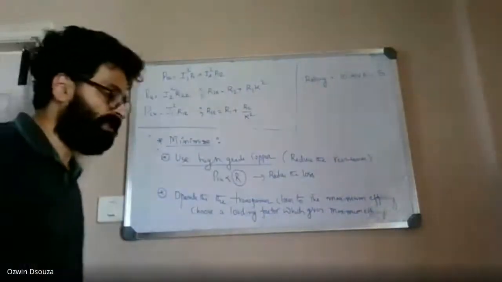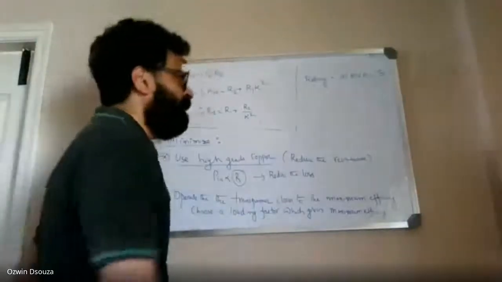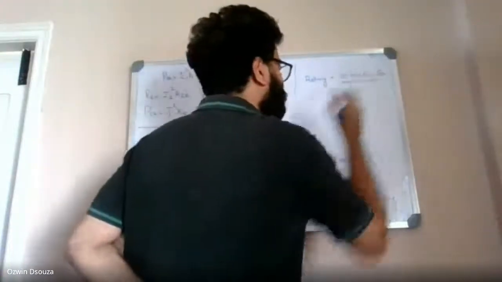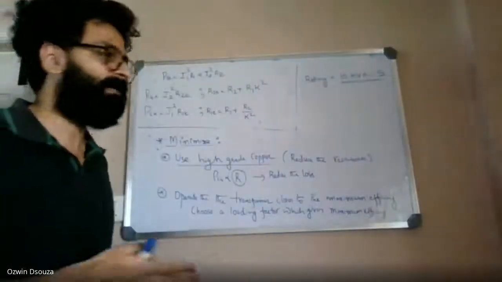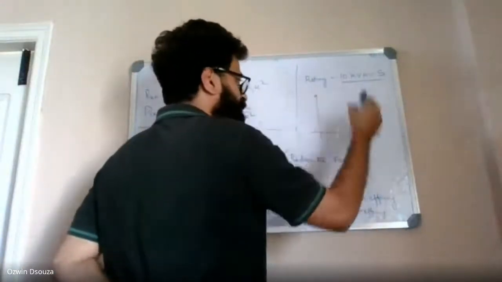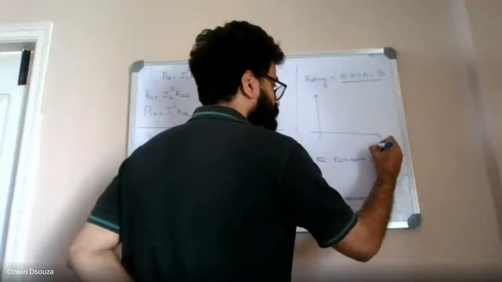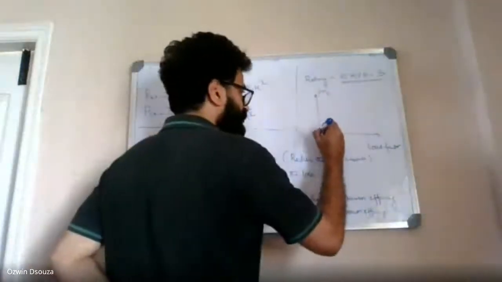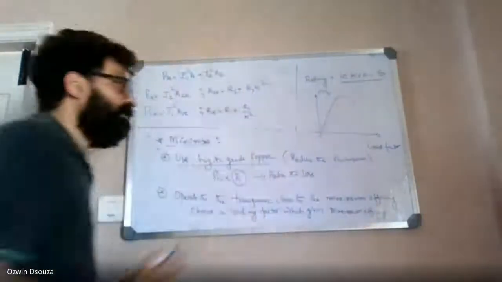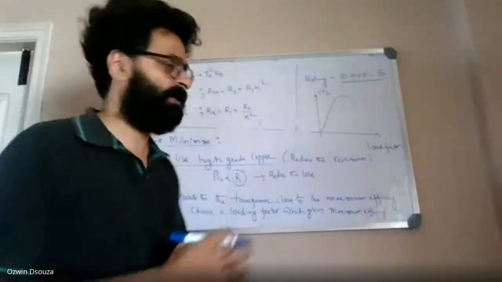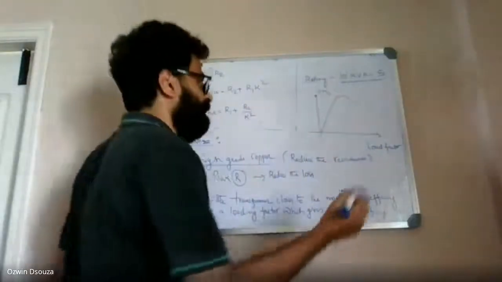So it is observed that whenever you operate the transformer very close to its rated value, the transformer exhibits maximum efficiency. And this is the typical graph of efficiency versus load factor. So this is your load factor. Okay. And this is your percentage efficiency. So something of this kind of graph you will get. And this graph you will get even for rotating machines. Okay, this is for all electrical machines basically.